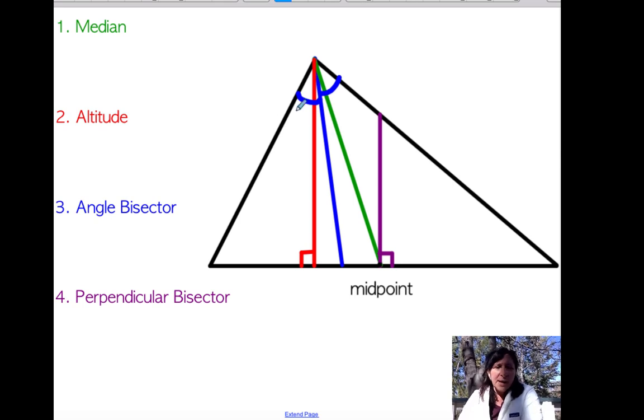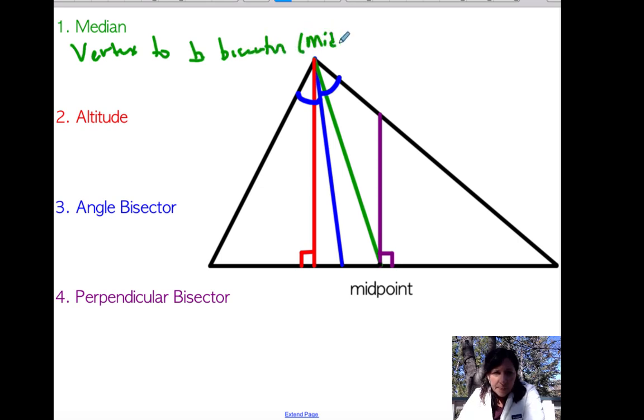So of the 3, again, we have the median, and the median connects from my vertex to the perpendicular bisector, which gives me the midpoint. So this is my green line right here. That's my median. Now, this purple line right here, that's my perpendicular bisector.